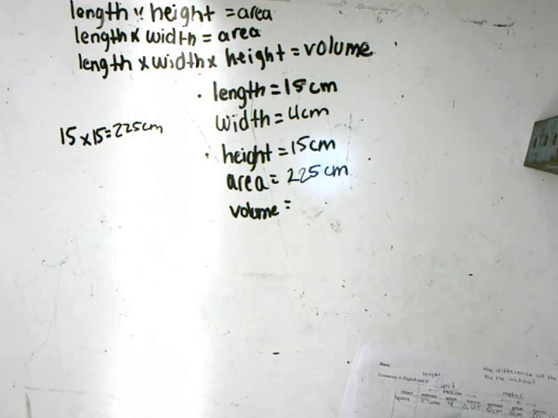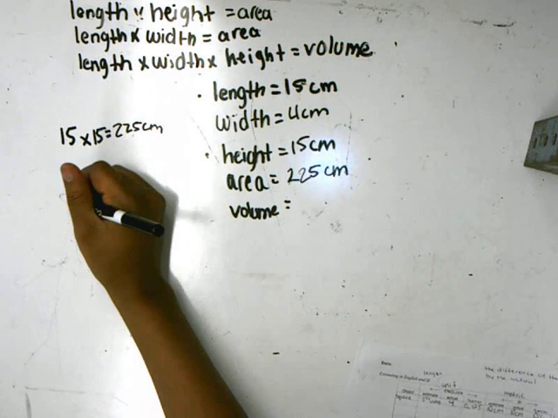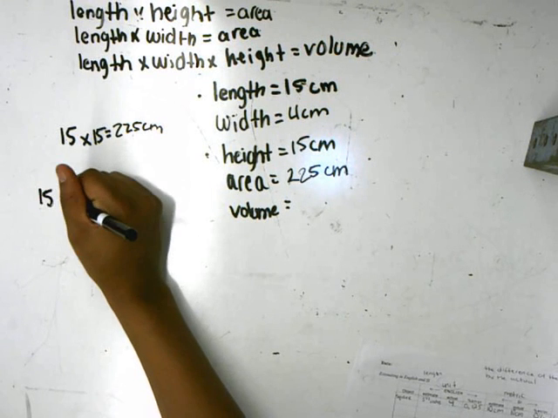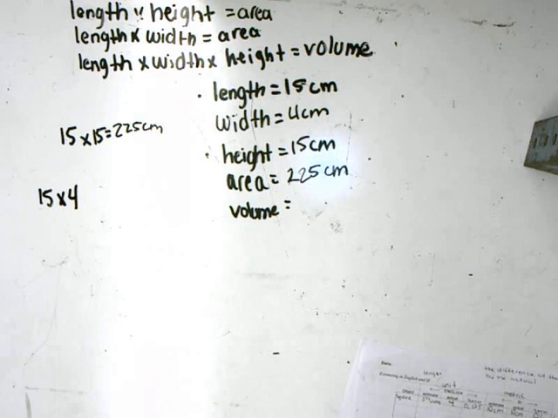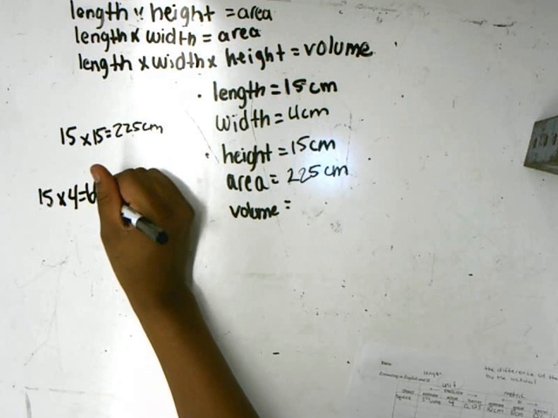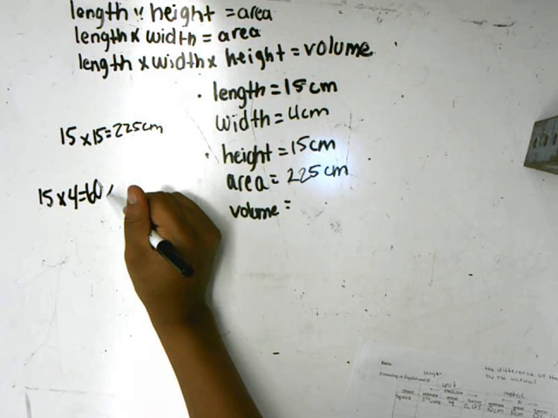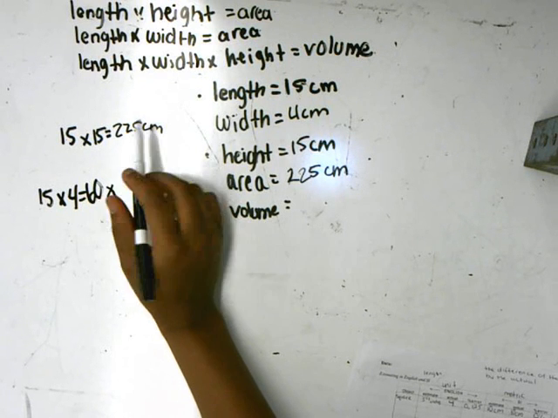Now I'm going to take 60 times the height, which was 15, and that equals 900. So 900 centimeters is the actual volume of this object.